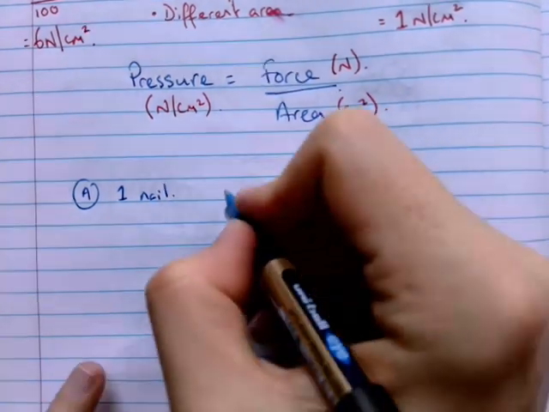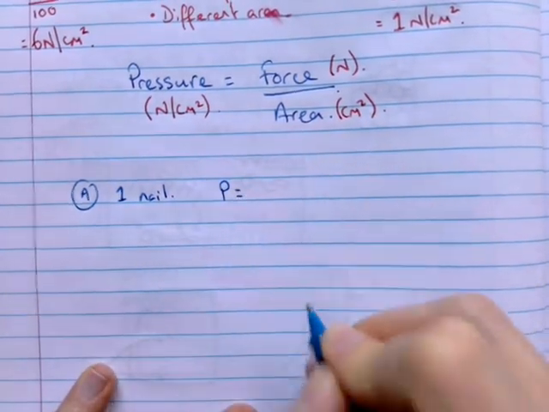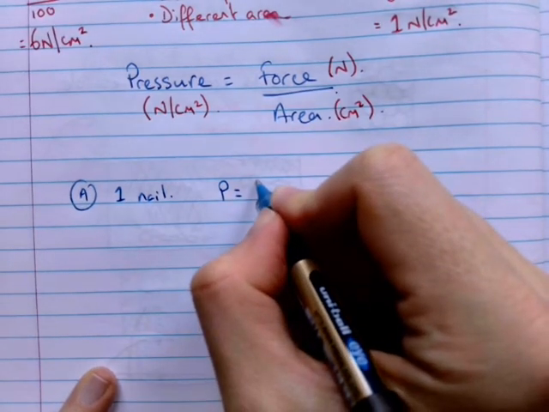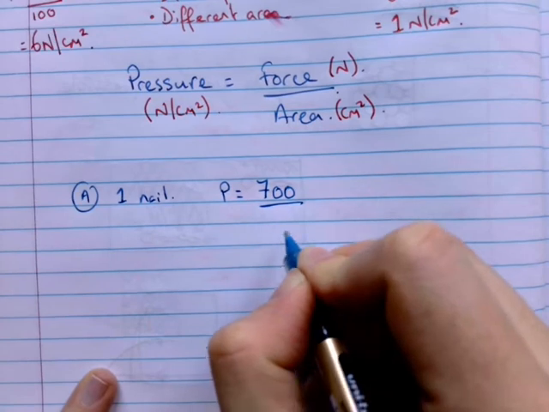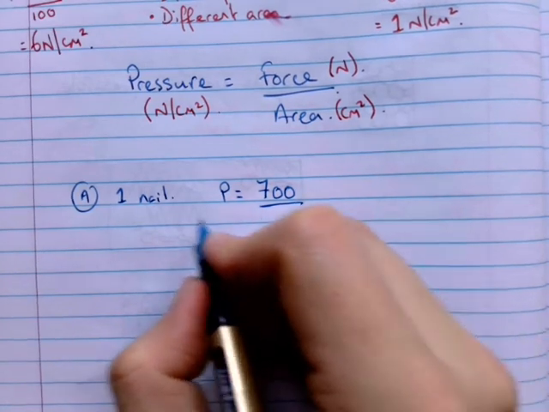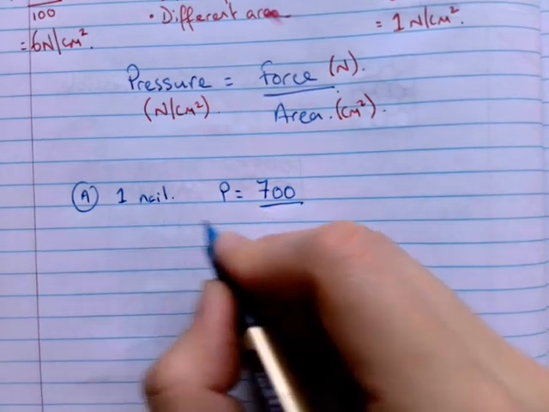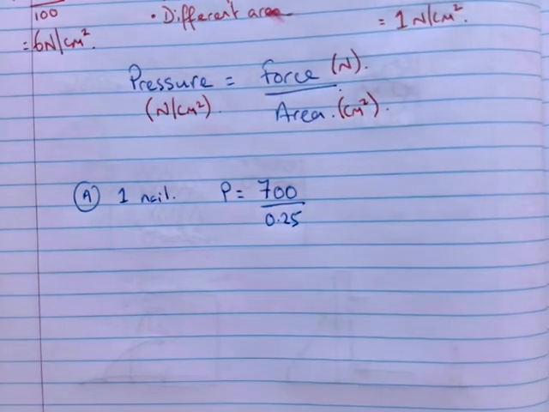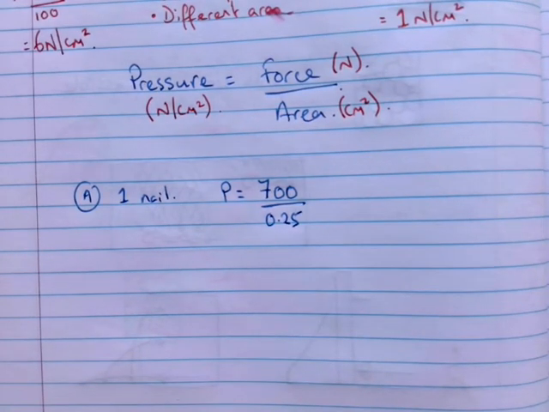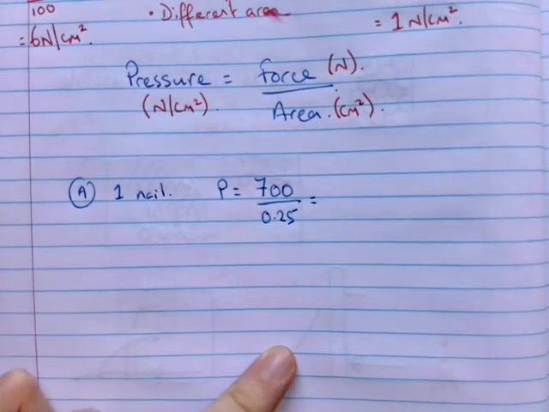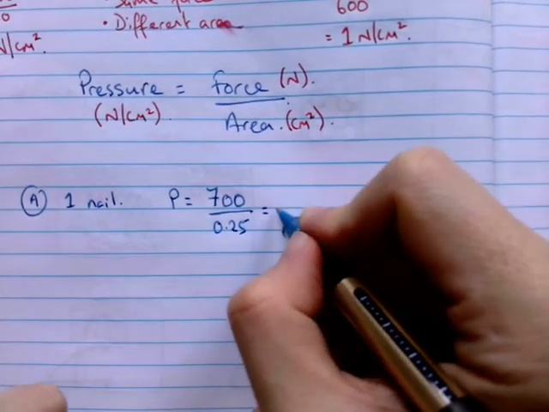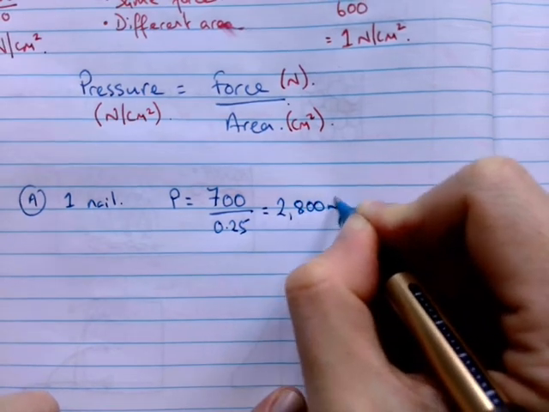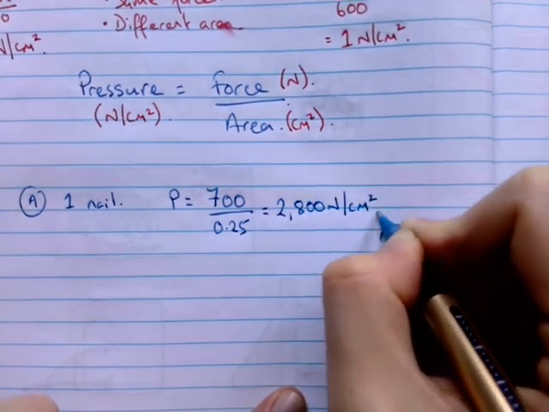Okay, so we can now work out the pressure is going to be our force, and we said that the average person was 700 newtons, divided by the surface area of the nail, which is 0.25 centimeters squared. So if I do that, I will get 2,800 newtons per centimeter squared.